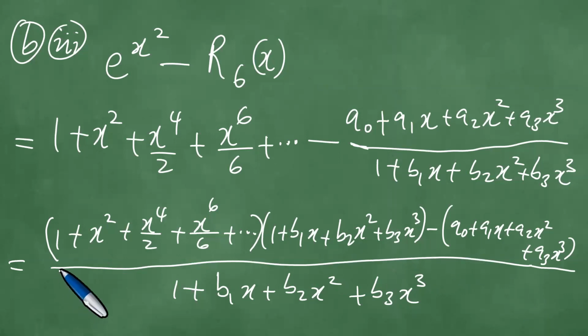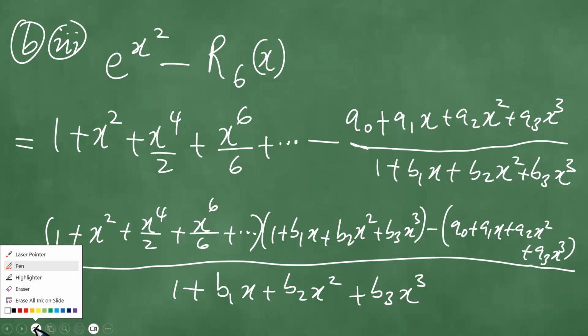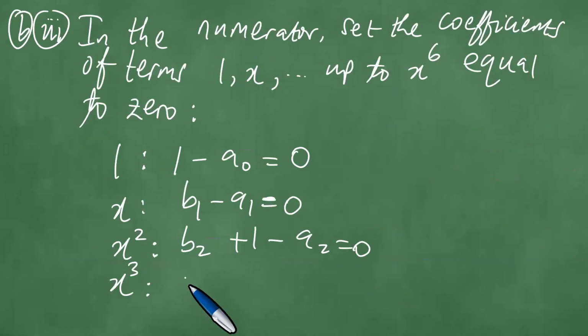So that's going to be b3 plus b1 minus a3 equals 0.